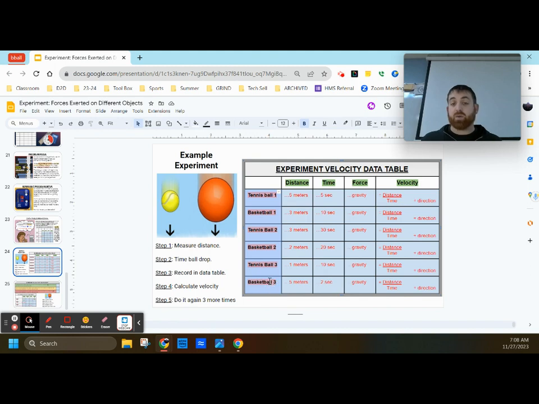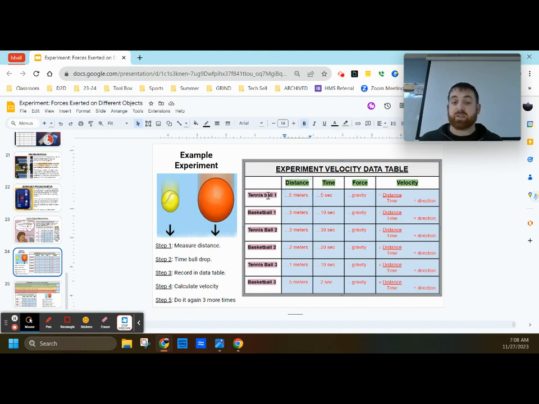In my data table, I put as my headers all the things that I'm measuring and calculating. You could do it your own way and in a different way as well, but that's what I'm doing for my headers. My labels are the different things that we're measuring and the number of times we do it. So we have tennis ball 1 and basketball 1, so maybe that's like my first trial, tennis ball 2 and basketball 2, and so on for 3. Now notice, with each box of data here, it tells me what I was measuring and the specific measurement I needed.